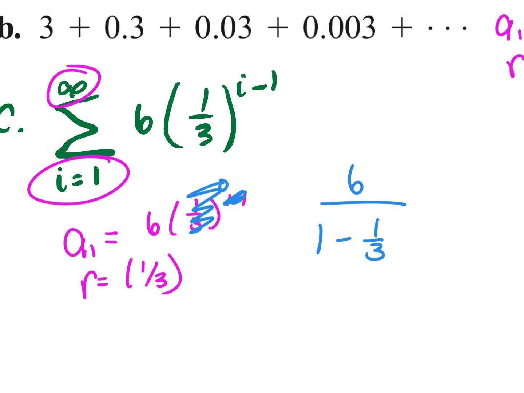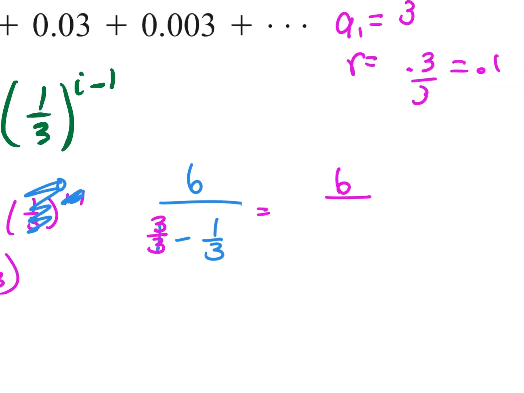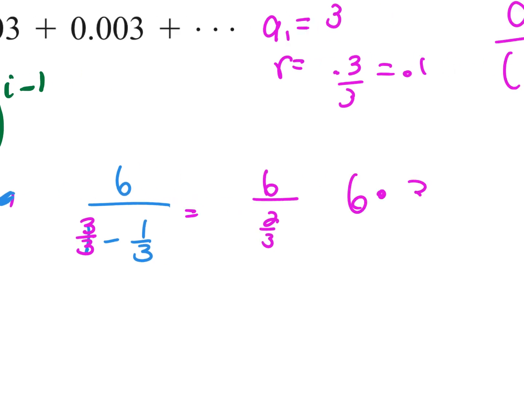Again, we're in fraction form, so don't put that in your calculator. How can I simplify the bottom? What can I change 1 to? 3 over 3. So this gives you 6 over 2/3. Perfect. Keep, change, flip. What do you guys get?